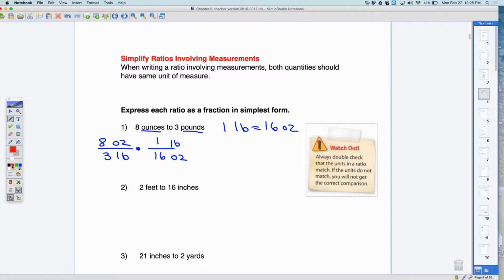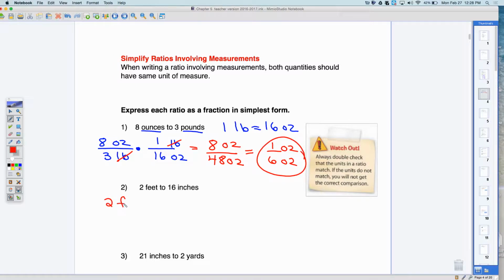See how the numerators in each of the fractions, you have 8 times 1 if you multiply going across? Well, that means that you did not change ounces. So you're going to cross off your pounds. You're changing your pounds to ounces. So it'll be 8 ounces over 48 ounces.